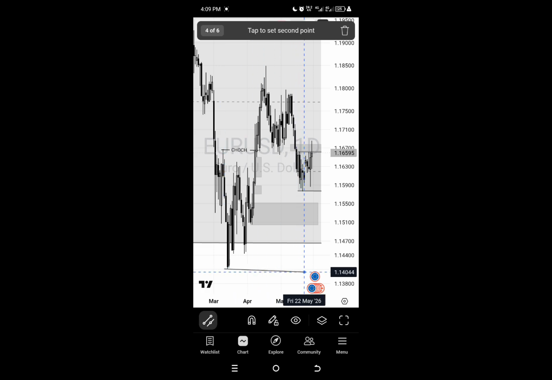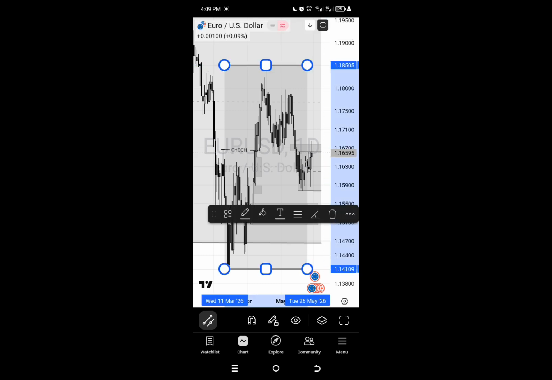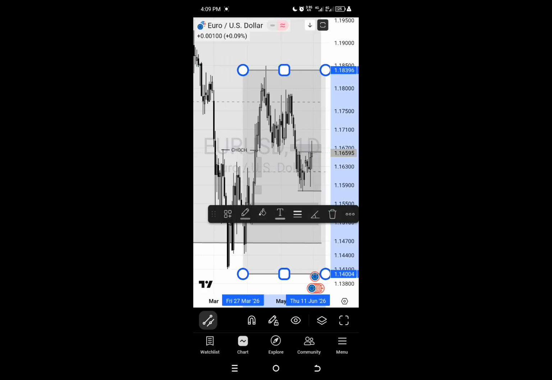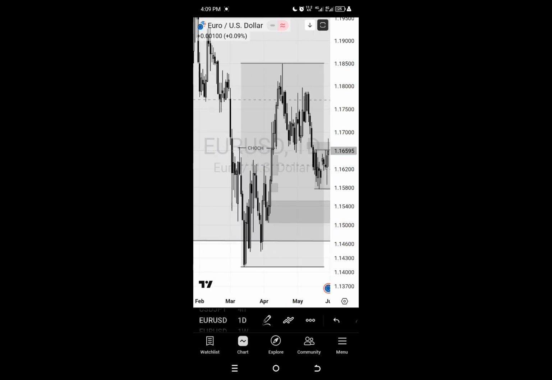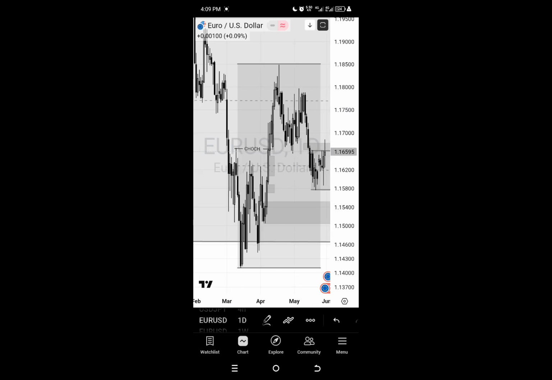Okay, based on what we are currently analyzing, you can clearly see that price is making a bearish internal structure, right? Price is making a bearish internal structure because once price met an expansion swing, price now broke below the swing low.